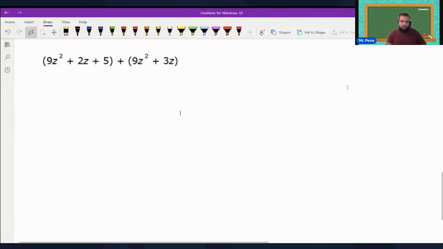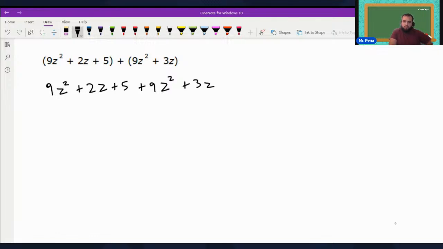Now we go on to our next problem. 9z squared plus 2z plus 5 plus 9z squared plus 3z. Positive 1, multiply each by positive 1.